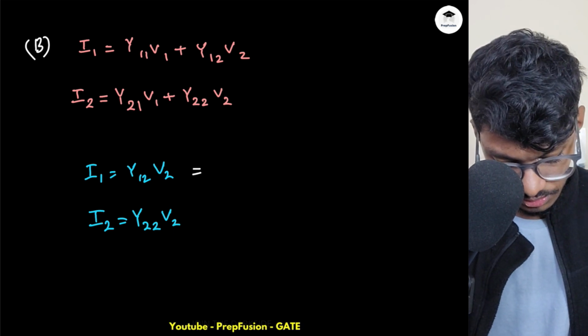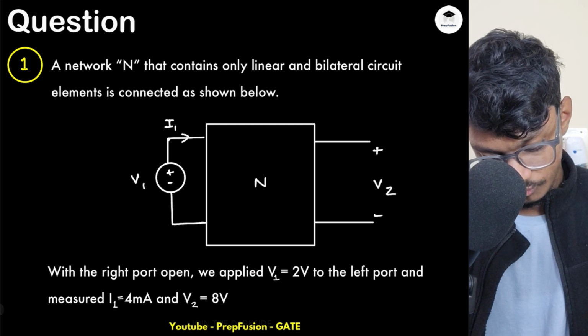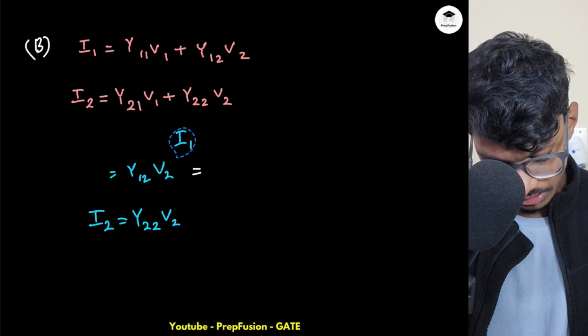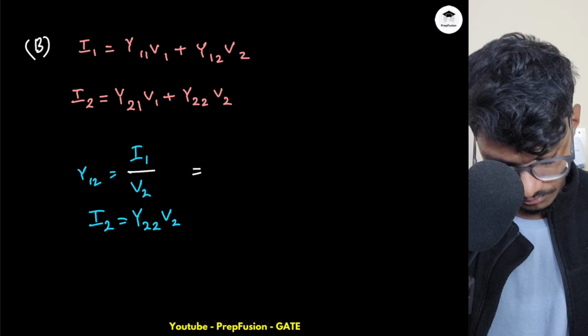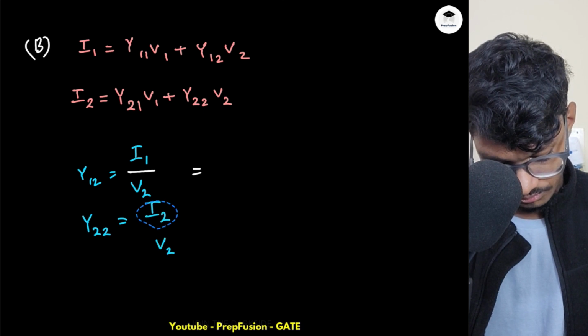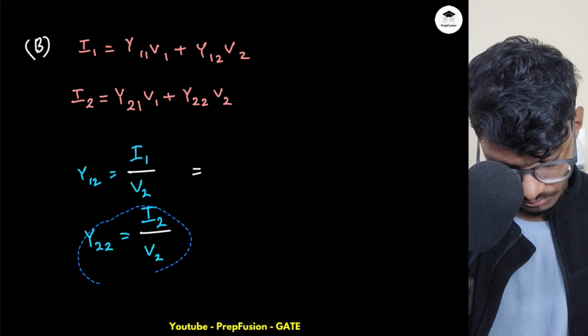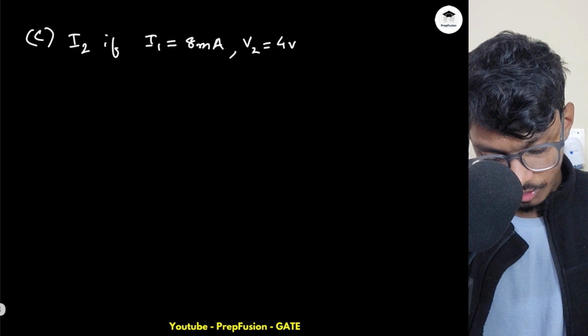Basically, what will be my Y21? Y21 will be the ratio of these two things, I1 over V2.